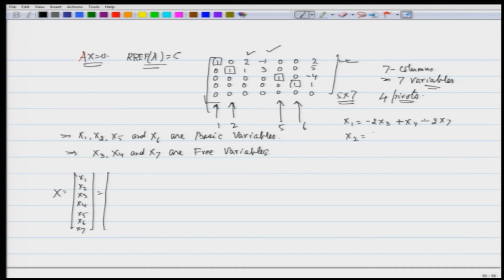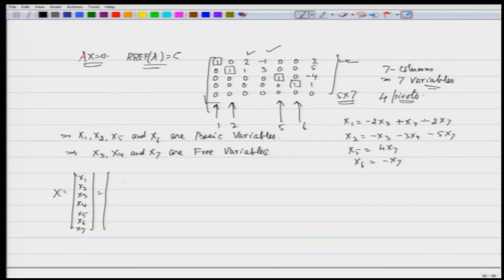So, x2 is minus x3, minus 3 x4, minus 5 x7. Then the next is x5. x5 is plus 4 x7 and x6 is minus x7.